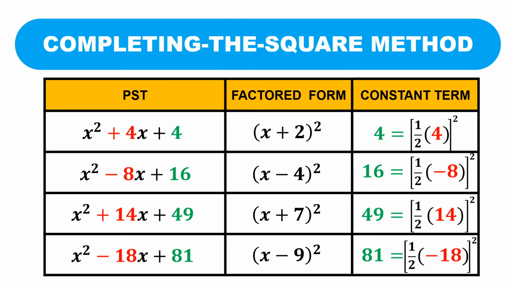Note that in any PST, the constant term can be obtained by squaring 1/2 the coefficient of the linear term x. Moreover, these relationships between the linear coefficient and the constant term work only when the leading coefficient, or the coefficient of the quadratic term, is 1.